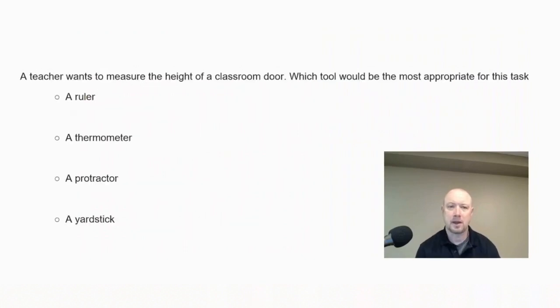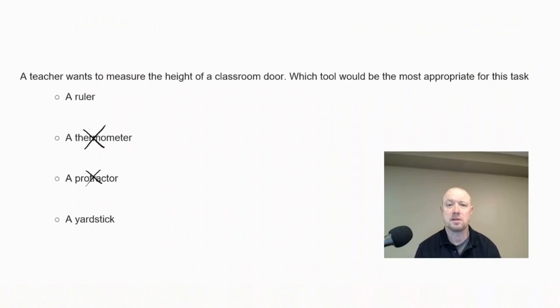A teacher wants to measure the height of a classroom door. Which tool would be the most appropriate for this task? What we want to teach the students is estimating. The first thing we can eliminate is tools that don't measure height. A thermometer measures temperature, and a protractor measures angles. So the question is, do we want to use a ruler or a yardstick?